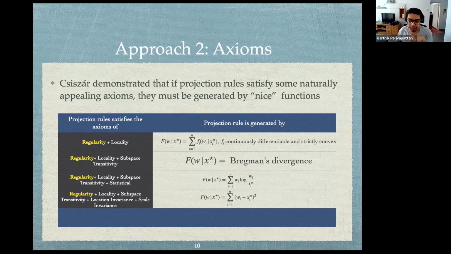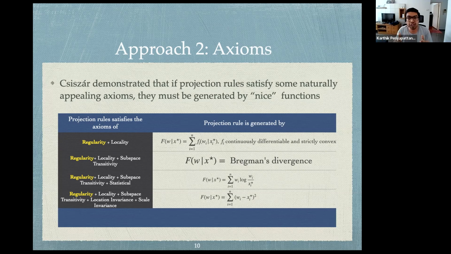Now, having said this, I am sure many information theorists out here may wonder where another brother of KL divergence, the Rényi divergence, sits in this class. Rényi divergence is a valid divergence, and it has been extremely well studied in the information theory literature.